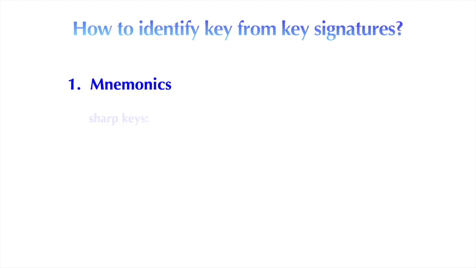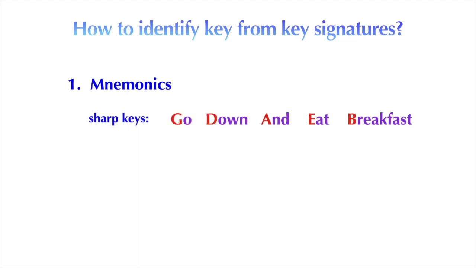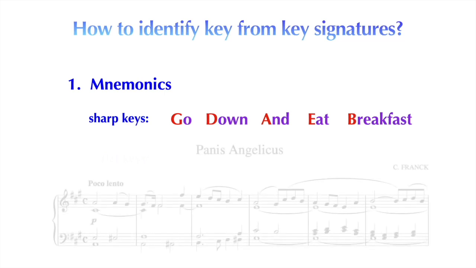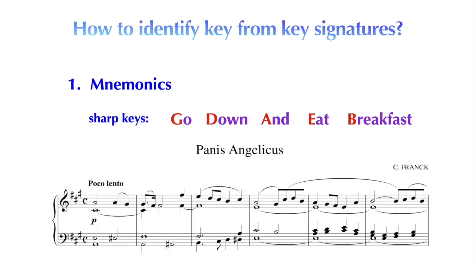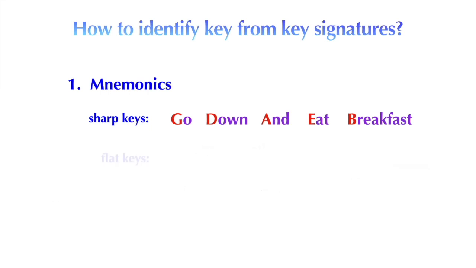For sharp keys, go down and eat breakfast. For example, if we see 3 sharps in the key signature, given that it is in major, go down and it is A major. For flat keys, fat boy eats all day.